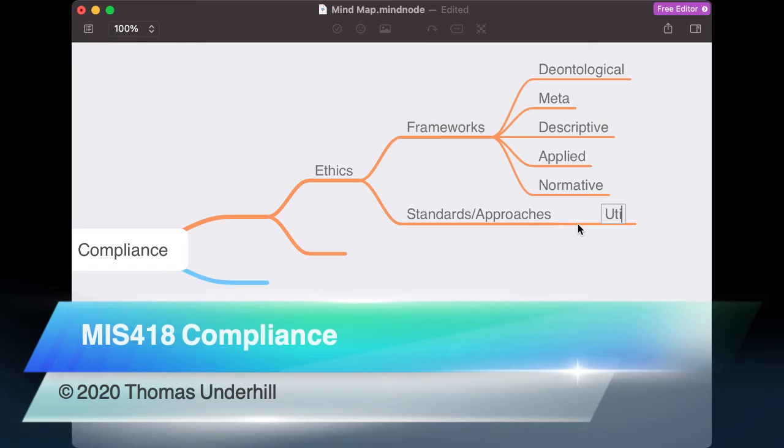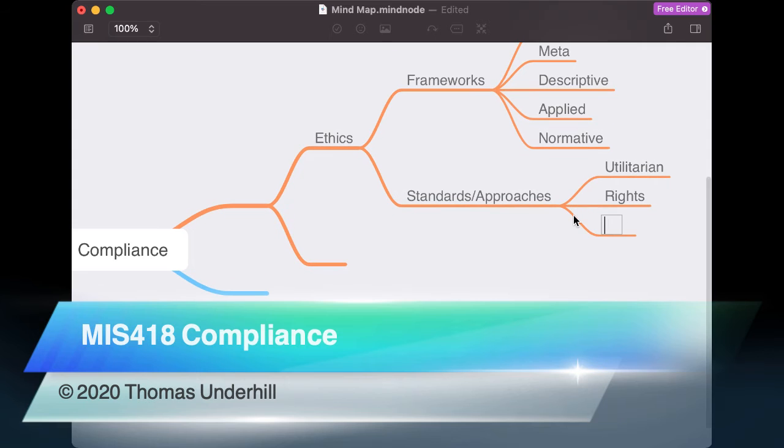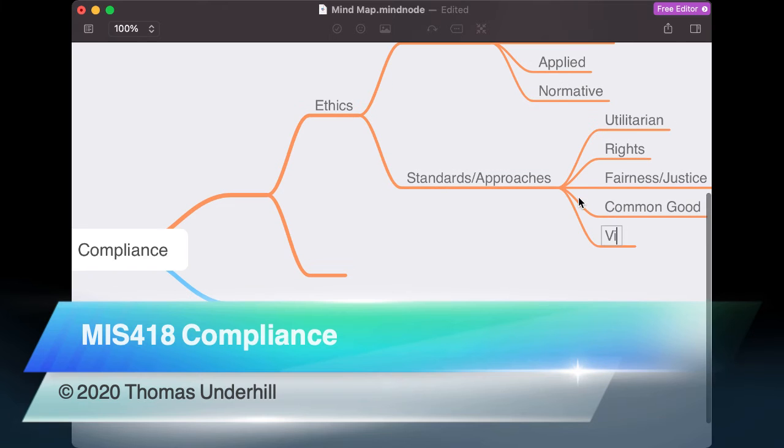So we can have utilitarian, rights, fairness or justice approach, common good, and virtue.